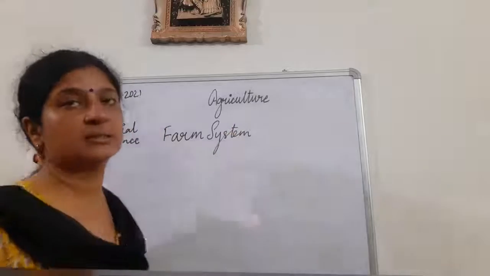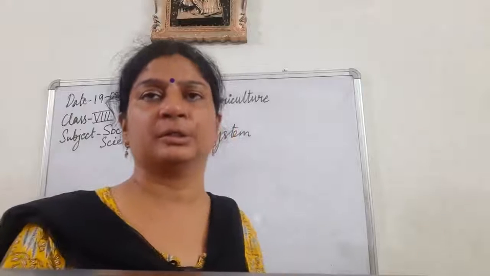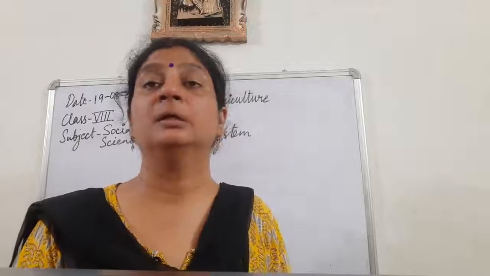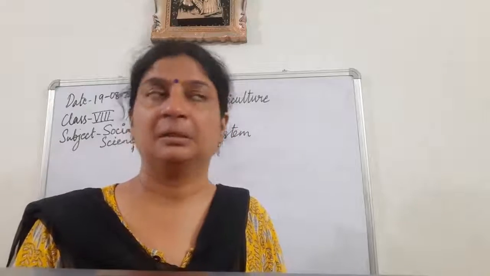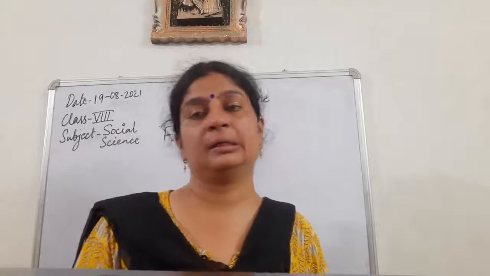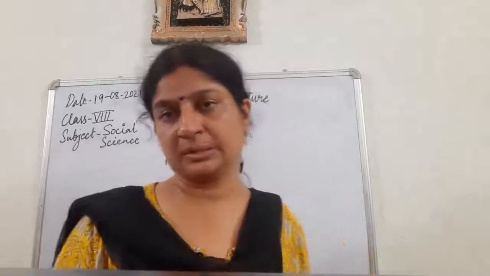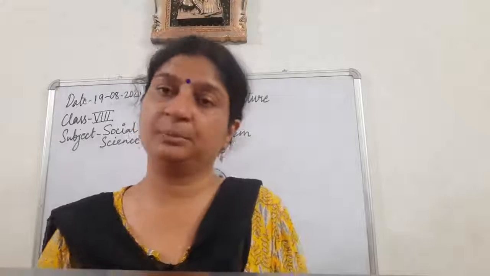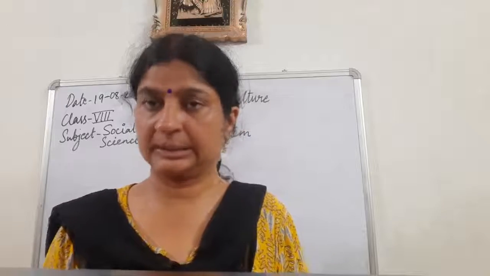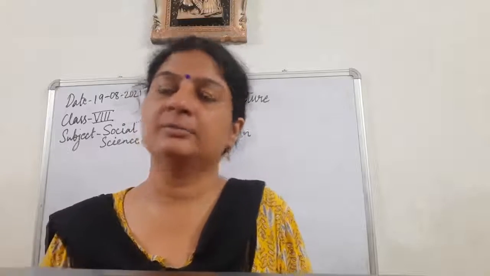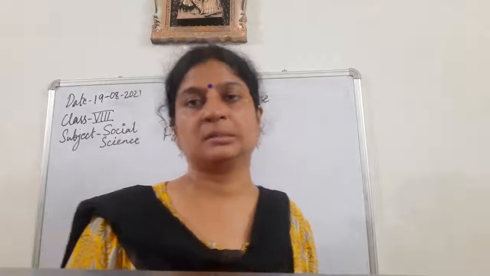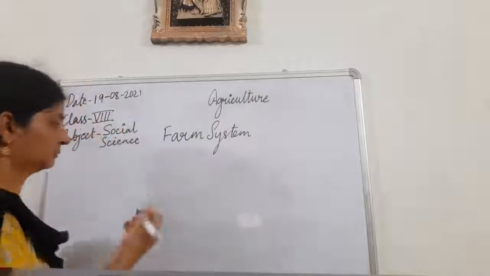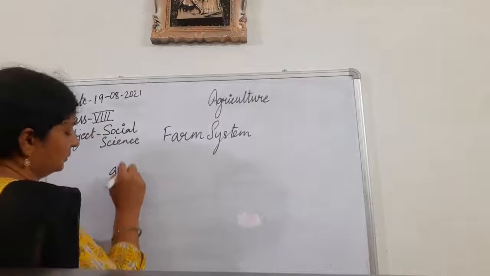So what is this farm system? We can look at agriculture as a system. Just like in a system some input is given, processing goes on inside the system, and then it gives the output. This is how a system works.